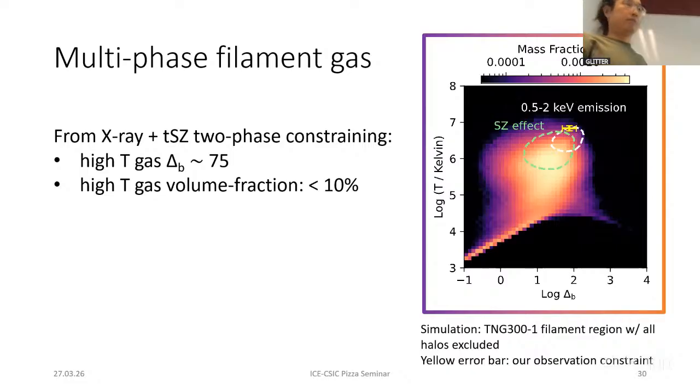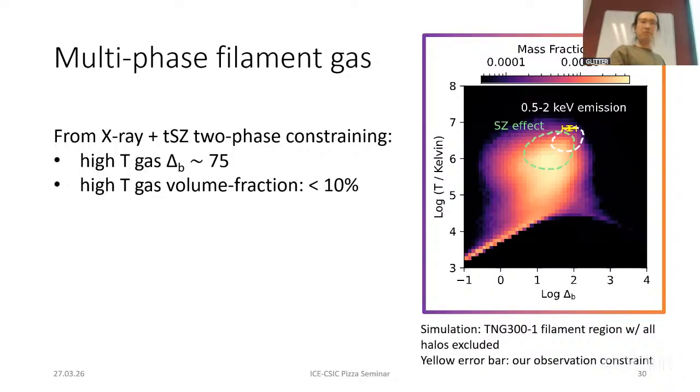And if we apply the SZ effect to see the gas pressure, then we trace the green circle. It's 50% of the total SZ effect from that region. And if we use the 0.5 to 2 keV passband of X-rays, we can only trace the top right corner of this population, the hottest and the densest.